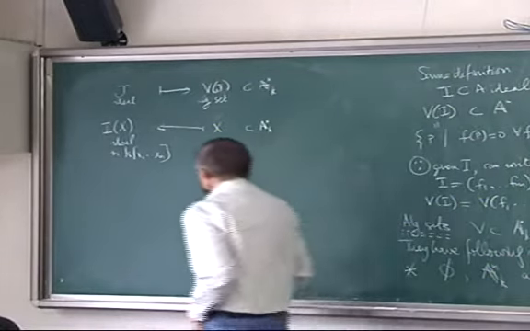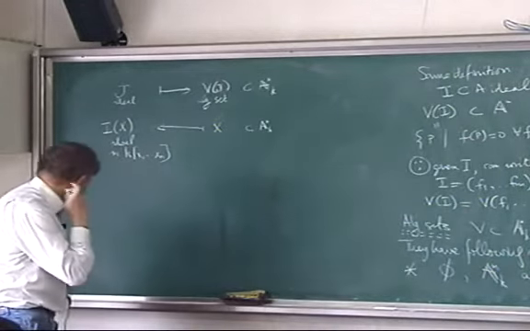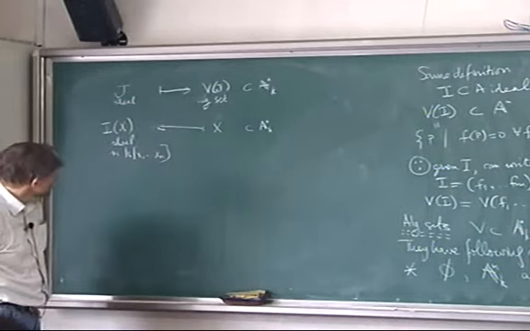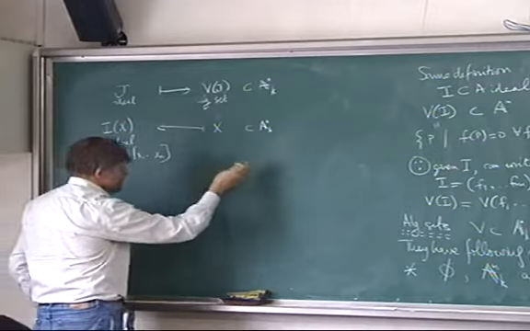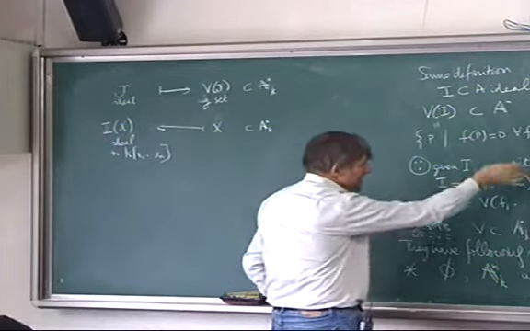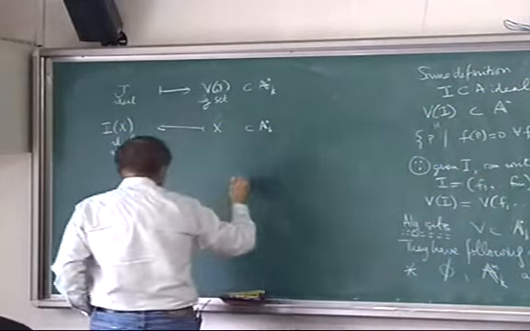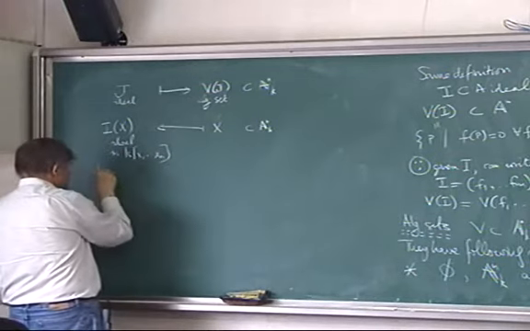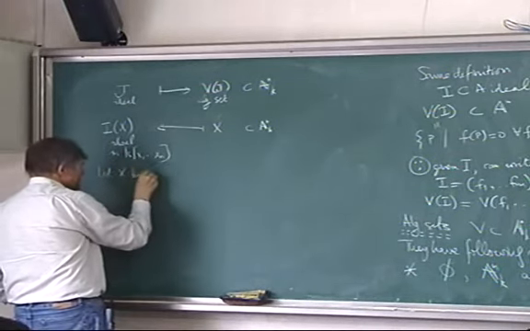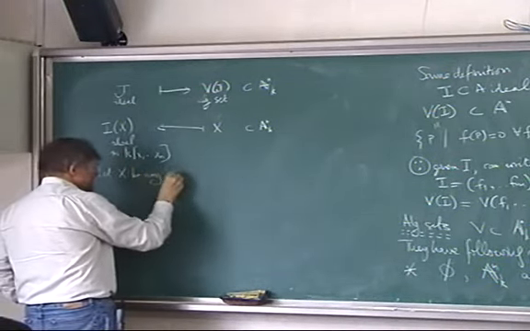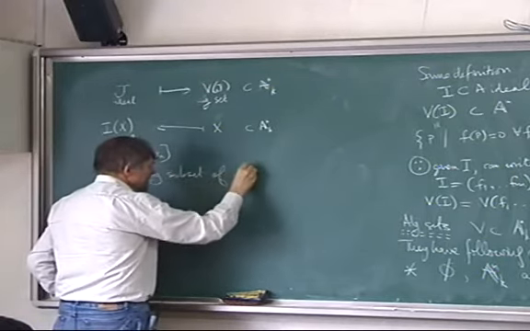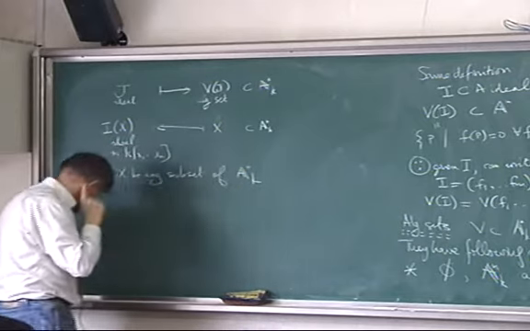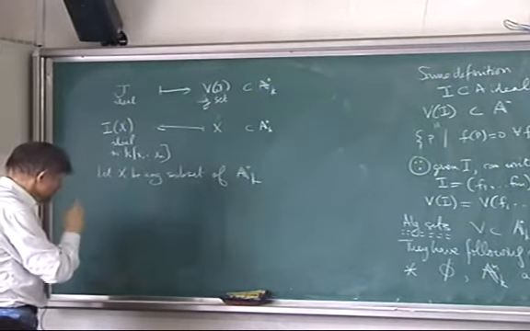So what I'm doing here is basically the same. So let X be any subset of A^n K. Right.